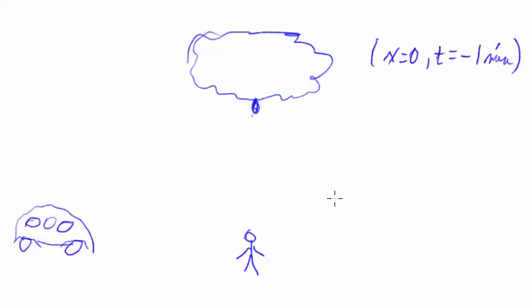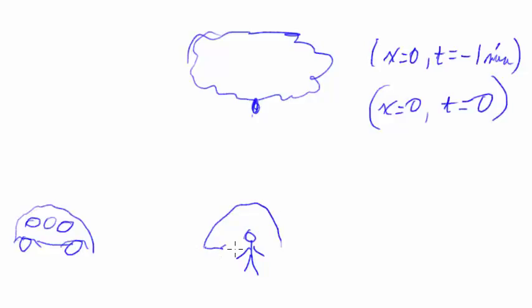But at x equals 0, t equals 0, that car arrives here, and the raindrop hits the car, and at that moment, when the car is passing by and that raindrop hits the car, it is going 60 miles per hour.